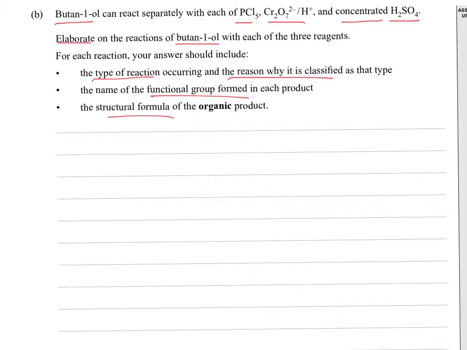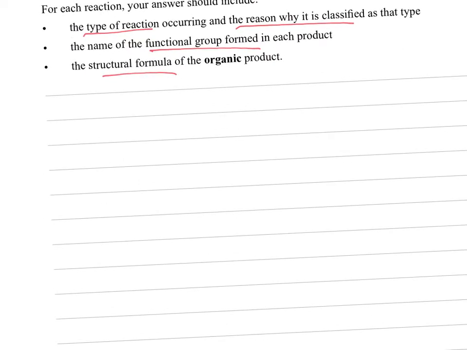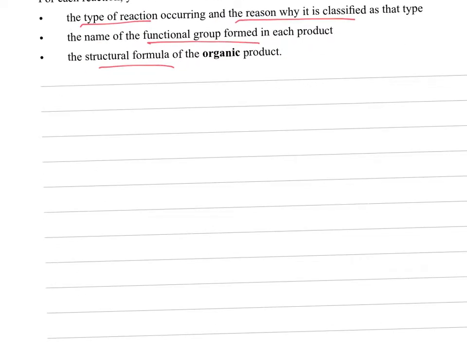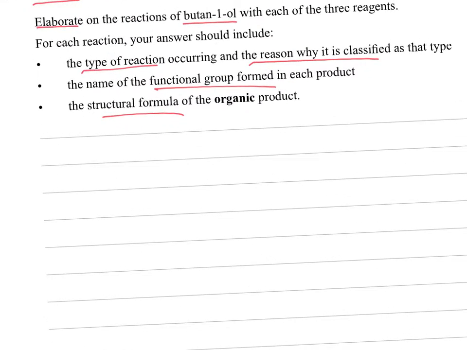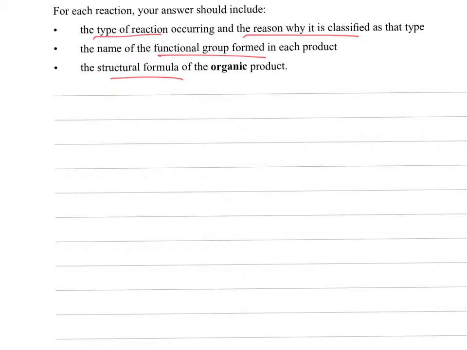So let's do butan-1-ol for a start with PCl5. I like drawing the reaction, getting that drawn first. It helps me understand what's happening. So what is it? Butan-1-ol, PCl5. Let's draw that. I'll draw out the structure. Butan-1-ol, PCl5.